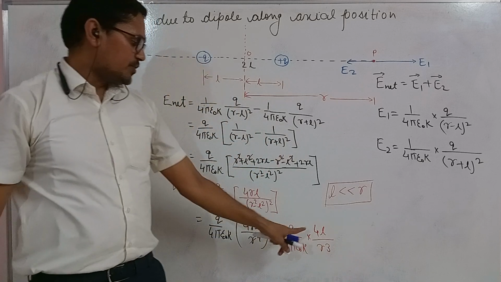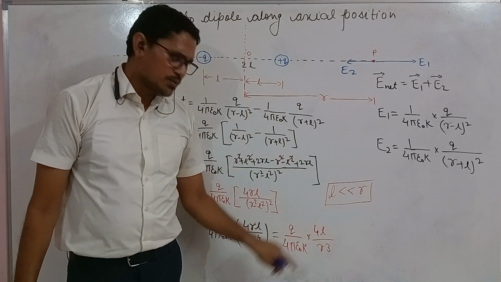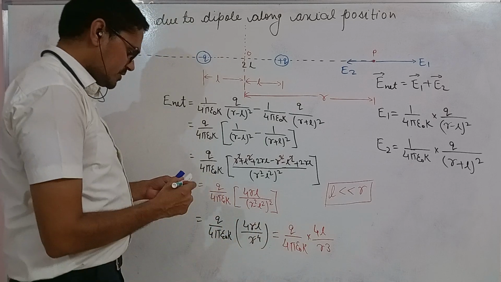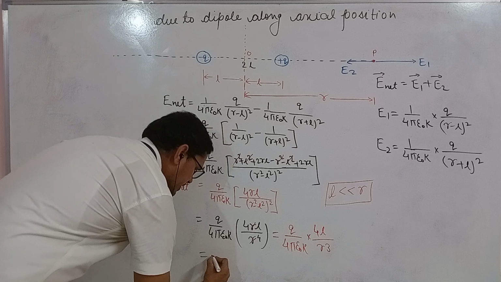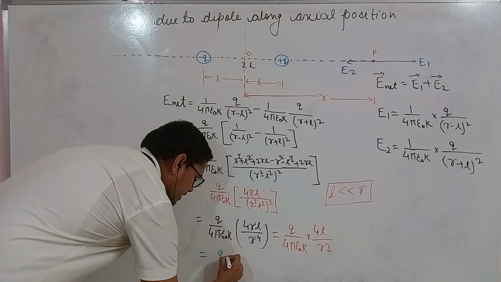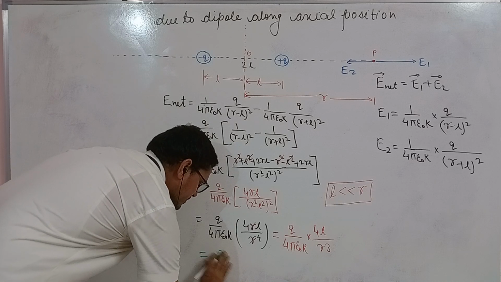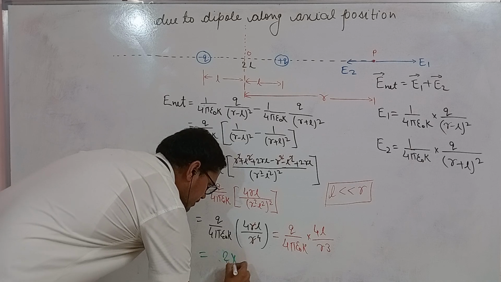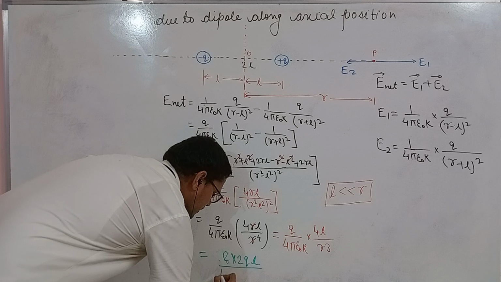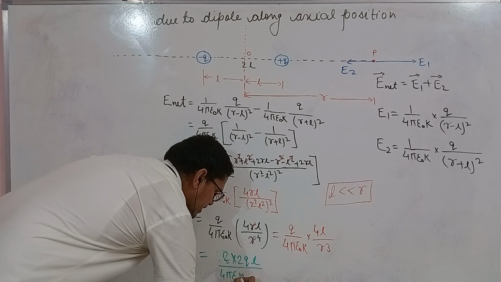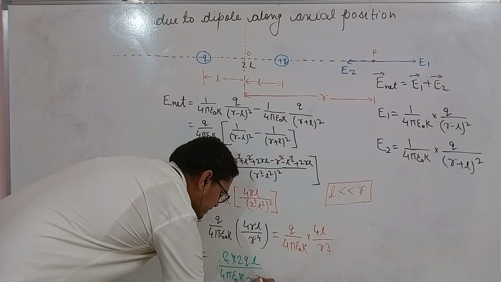Fine. Now this 4l can be written as 2 into 2l, so 2 into q into l becomes the dipole moment. So we'll be getting 2 into q into l divided by 4 pi epsilon naught k r cubed.